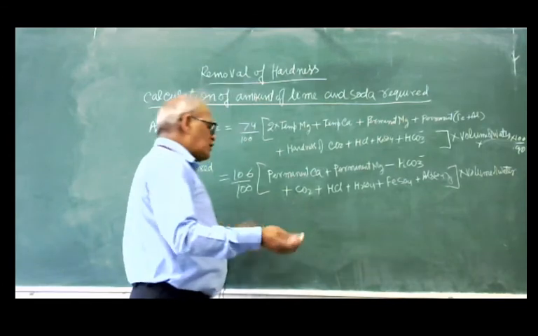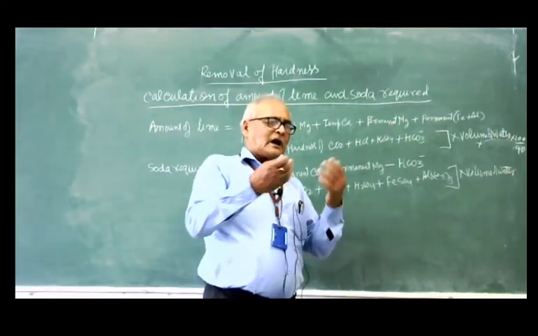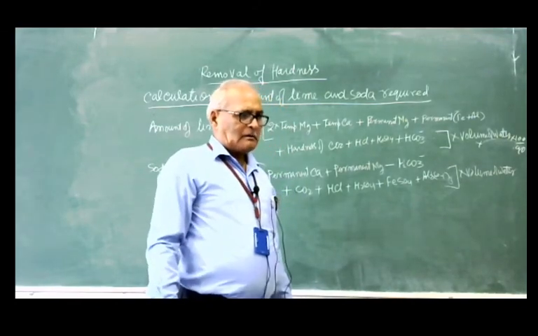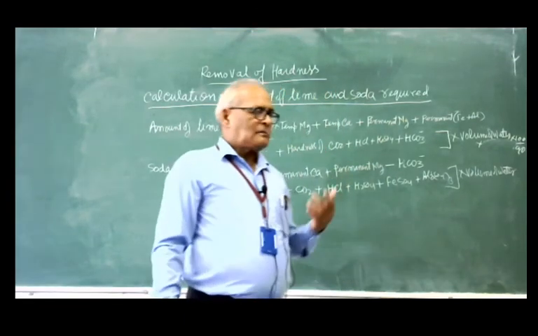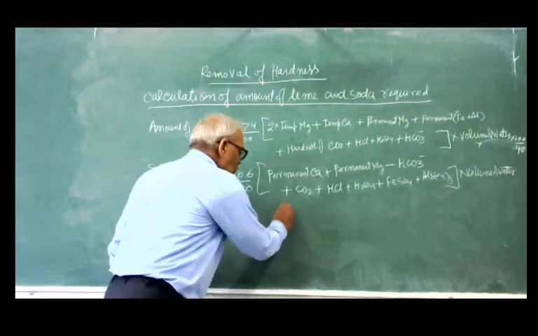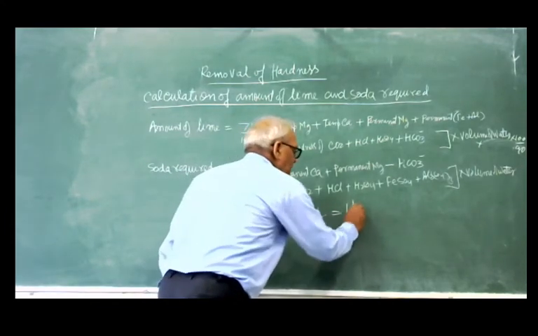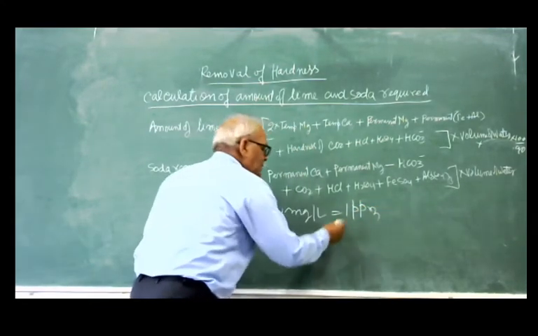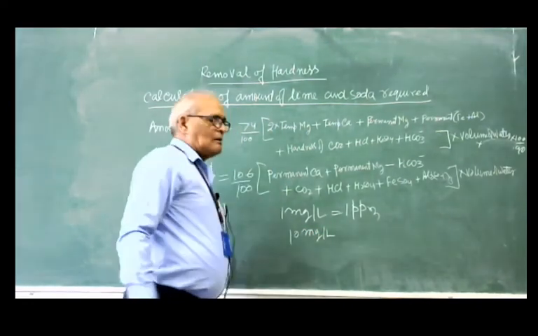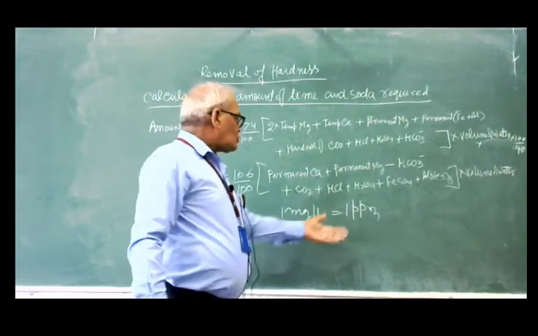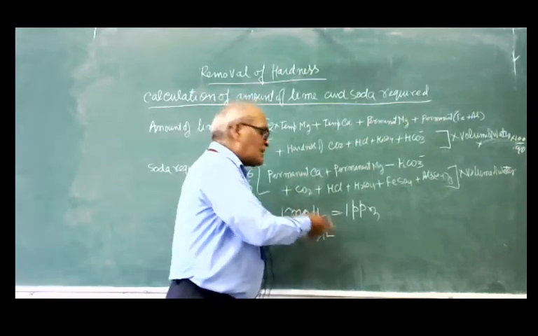Suppose in the numerical it has been given that 10 ppm is given. 10 ppm means how much? 1 milligram per liter is equal to 1 ppm. So 10 ppm means 10 milligram per liter. This is not the hardness; this is the concentration only.